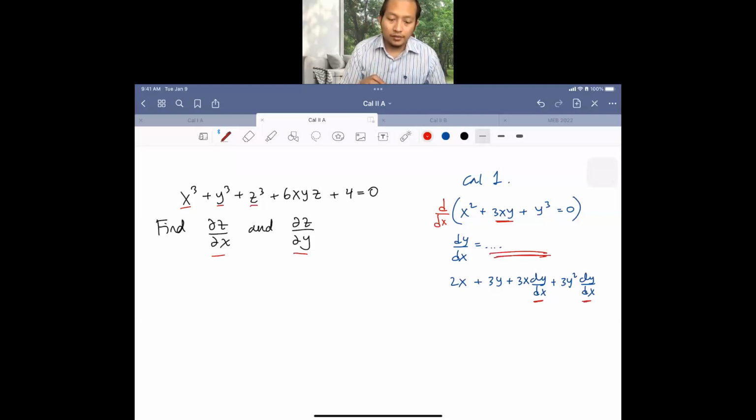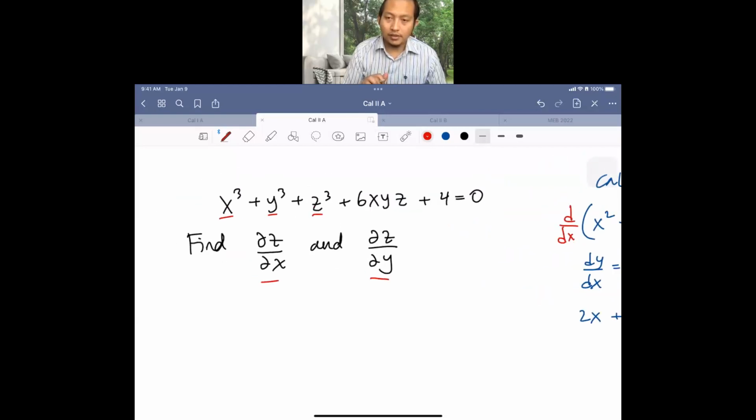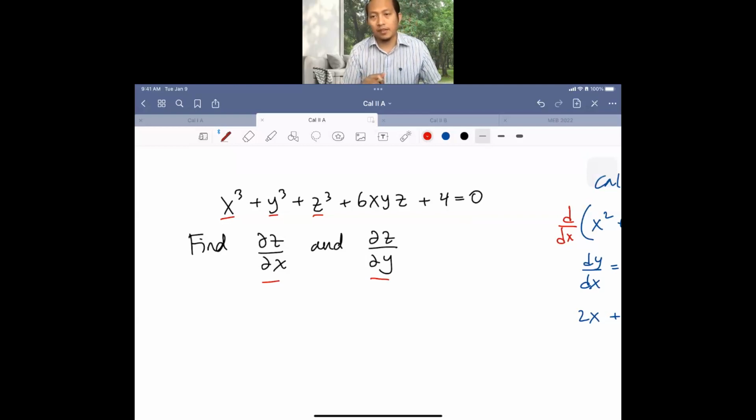Now, for this part, we are going to use the same implicit differentiation, but now we are going to have three variables.